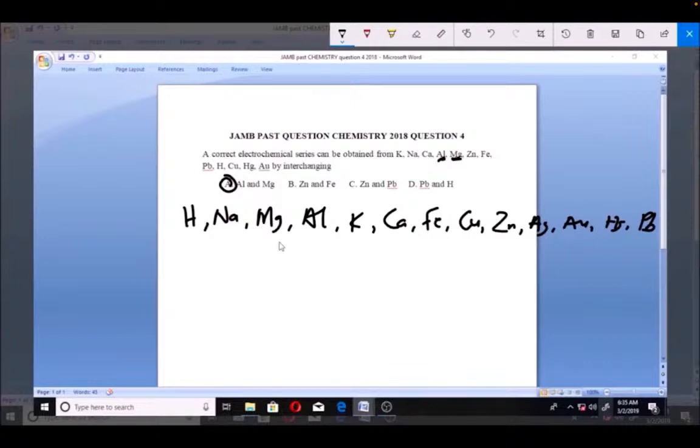So we have to interchange this so that we are supposed to have Mg before Al and not the other way. So if you interchange this Al coming before Mg to Mg before Al, then we are going to have the right electrochemical series this time. So you can check this under electrochemical series so that we see this right arrangement.